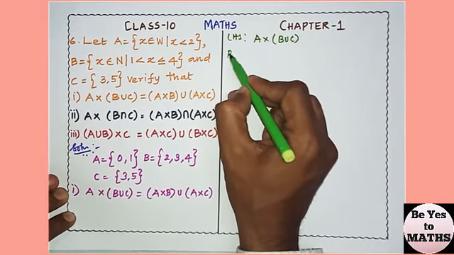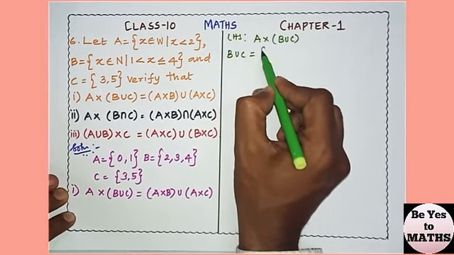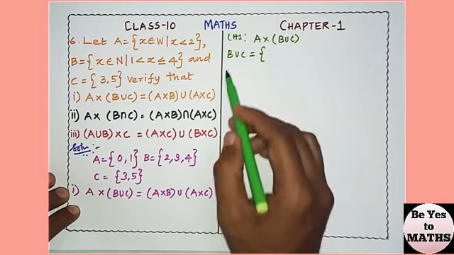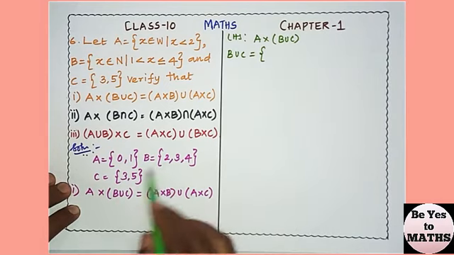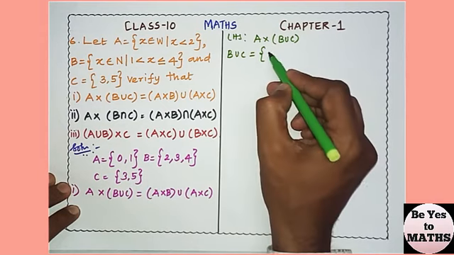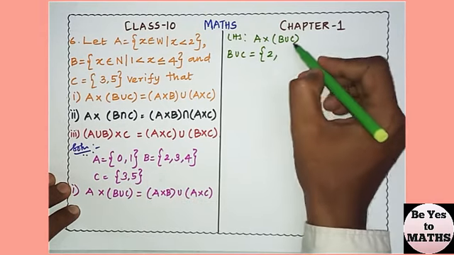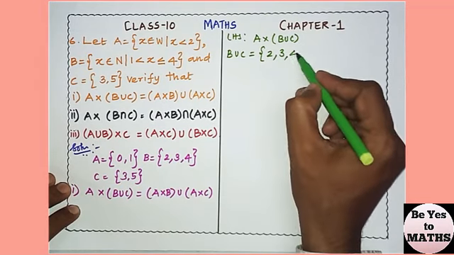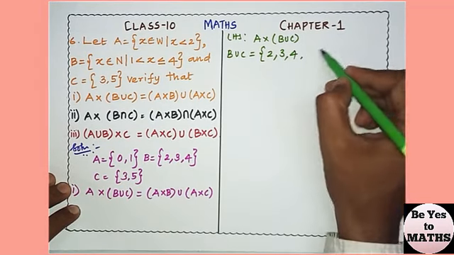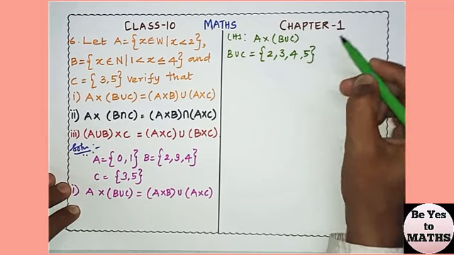First we'll find out B ∪ C. Union is nothing but you have to write all the elements of B and C. So 2, 3 we have in both the sets, so one time you should write 3. So {2, 3, 4, 5}. This is B ∪ C.